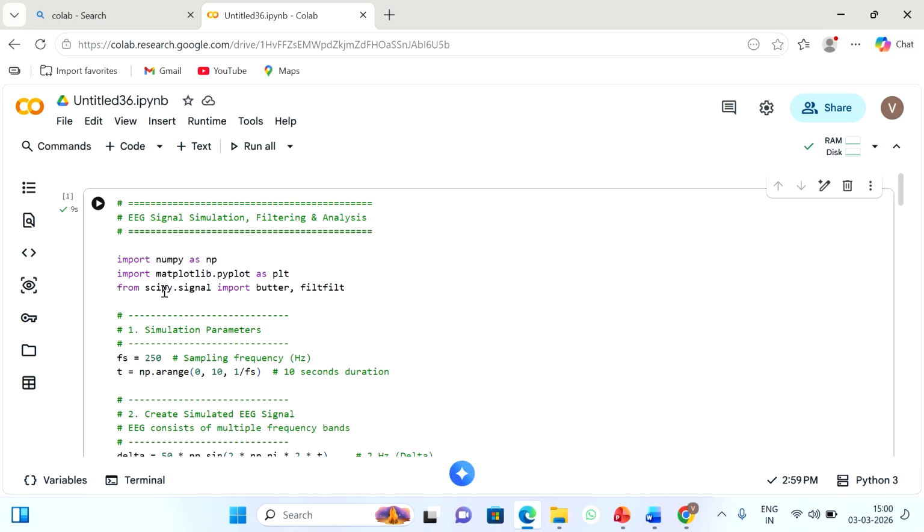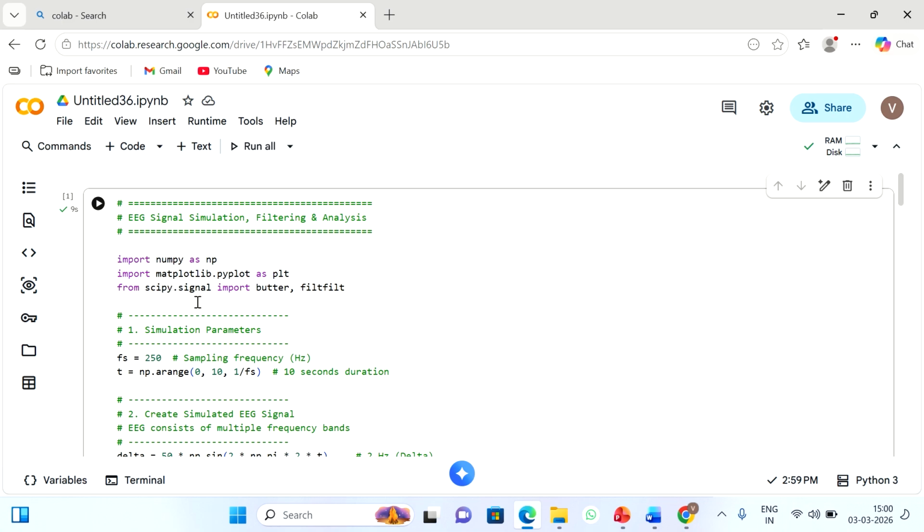Now from scipy.signal import butter, filtfilt. From the SciPy library the signal module will be imported.